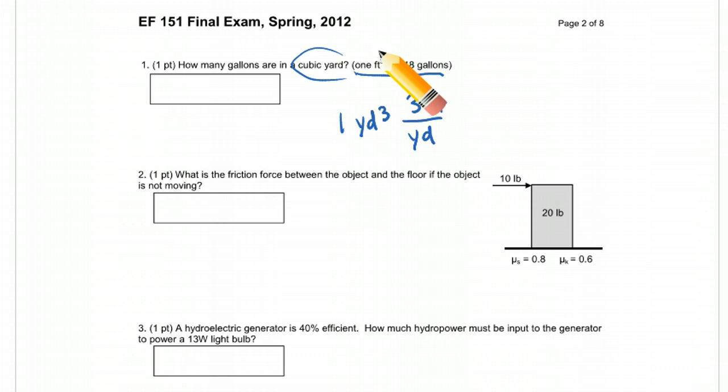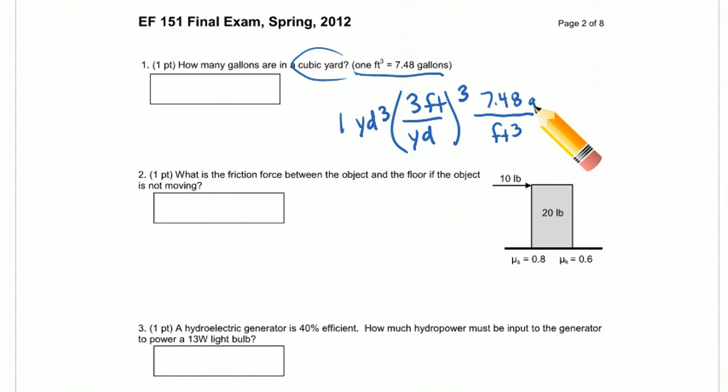We want to get to feet because that's in this conversion, and to recognize that you're going to have to cube that yard conversion to cancel out the cubic yards here. Okay, and then to go from feet to gallons, we have feet cubed is 7.48 gallons. Gallon is a unit of volume.